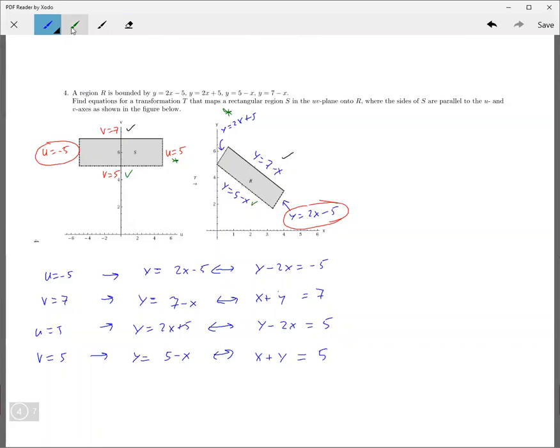As you can see here, you have u equals -5, and here we have this equals -5. We have u equals 5, and we have this equals 5. So those are the u's. So u should be -2x plus y in the transformation.